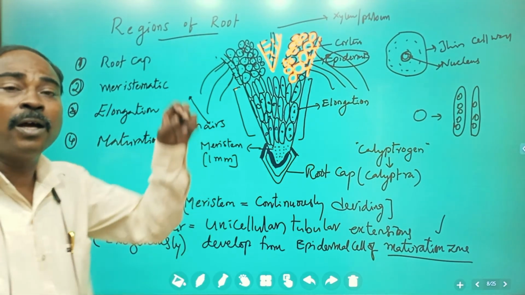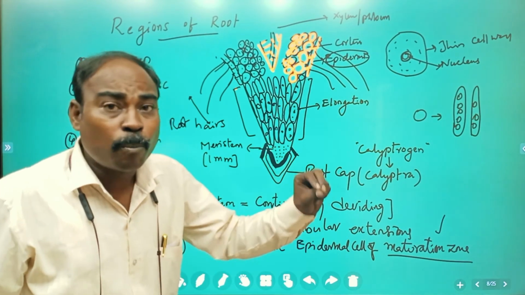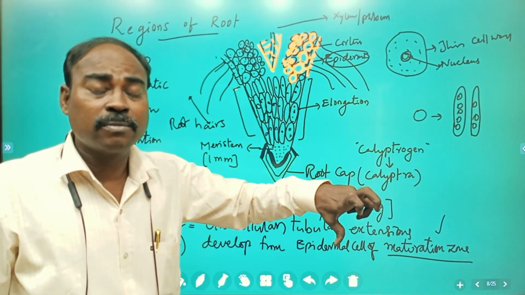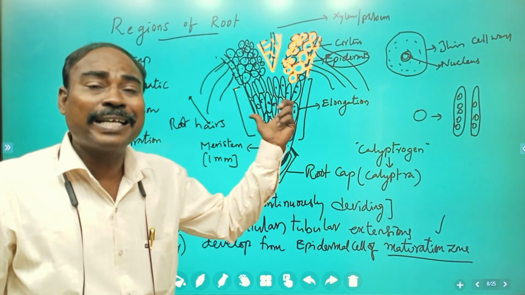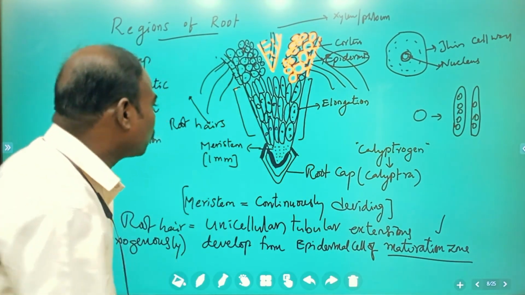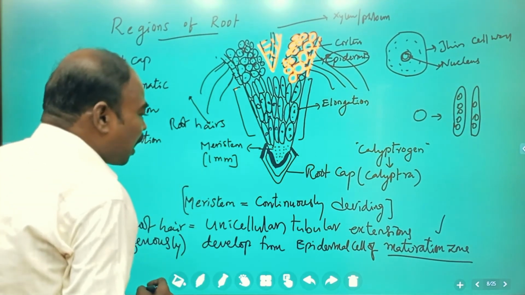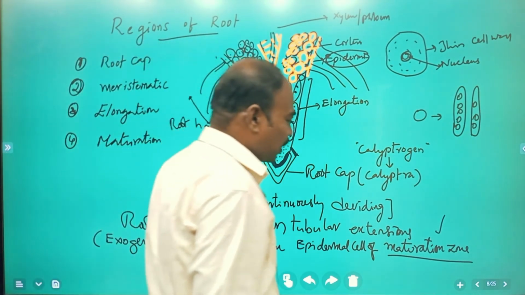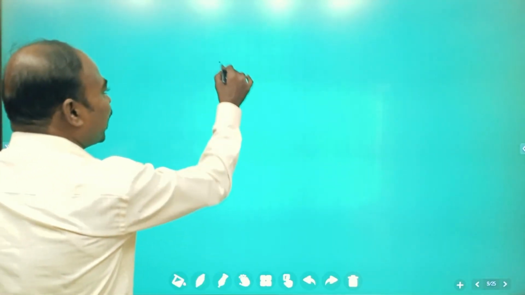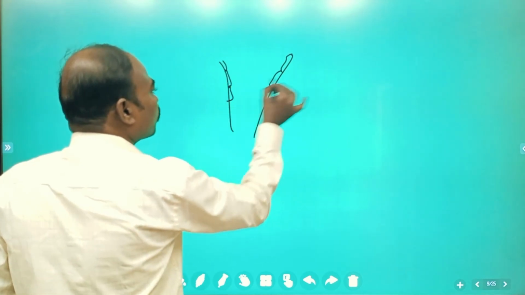These root hairs are useful for absorption of water and minerals from the soil. Here also, the root hairs develop from the maturation zone, from the epidermal cells.